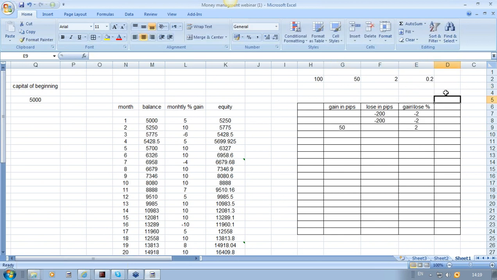Okay? For example, it won't be, Nicholas said, oh, no, I continue with the beginning capital. I take it from the very beginning, okay?